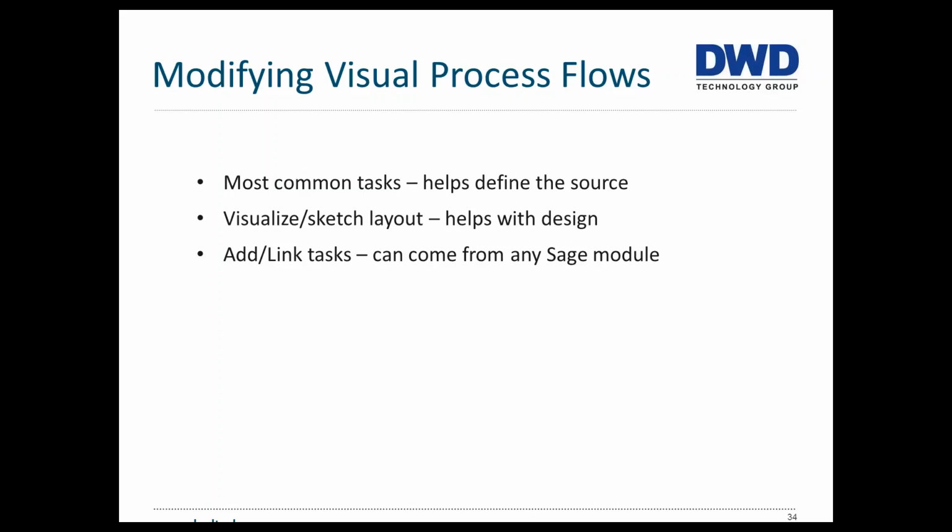So sketch it out so that you have an idea of what you're going to try to do, and it'll make it a lot easier to facilitate that. And then basically it's making the links. It's putting the label or the dot or whatever and giving it the functionality behind it. And we can do that with any task from any Sage module. So I'm not limited to just one module on my visual process flow.